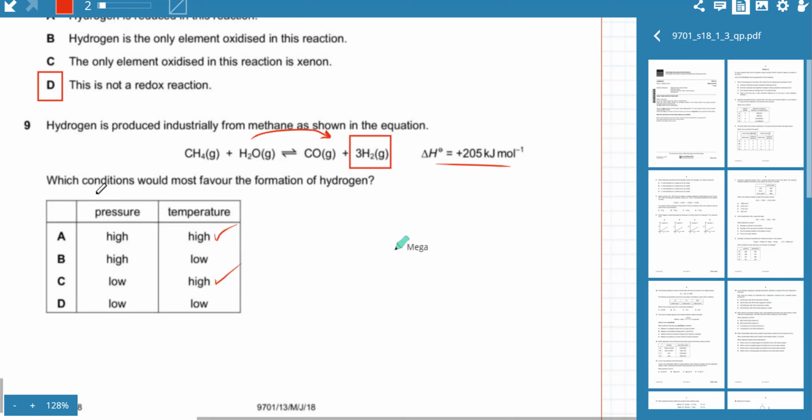That's one. And then this side is the more gas moles side. Remember, count the gas moles. On the forward side, there's more gas. In the backward side, there's less gas. You want the reaction to move forward, more gas. So low pressure or high pressure? Low pressure. Okay, so low pressure produces more gas.